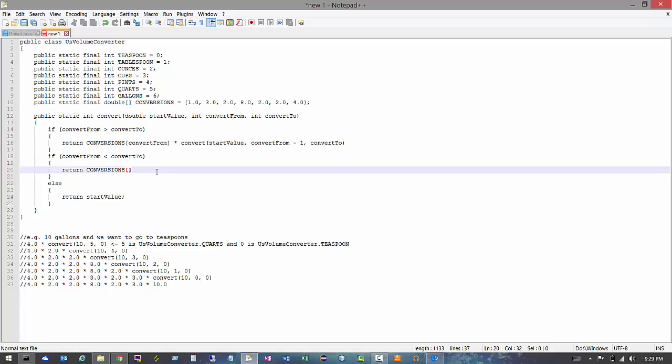So what we're going to do is multiply by 1 over conversions, convert, whoops, I don't want the caps, convert to, that's going to multiply times convert, and this is where we have to think.